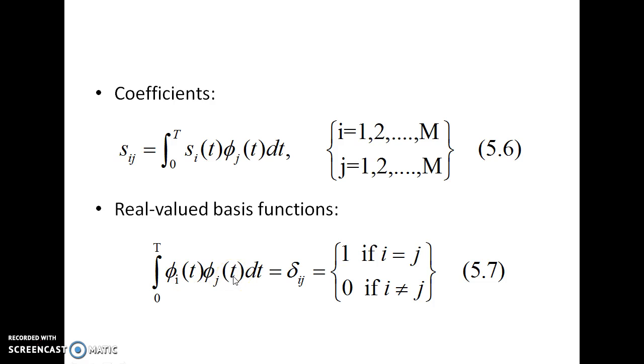Two different basis functions are always orthogonal. So for phi_i(t) and phi_j(t), if i is not equal to j, this product will give you 0, and if i and j are equal, the answer will be 1. That is, the energy of that basis function is unity. Due to this property, we call these basis functions orthonormal basis functions.